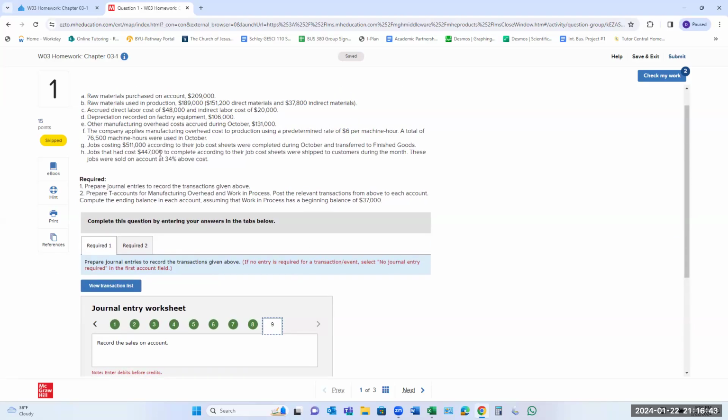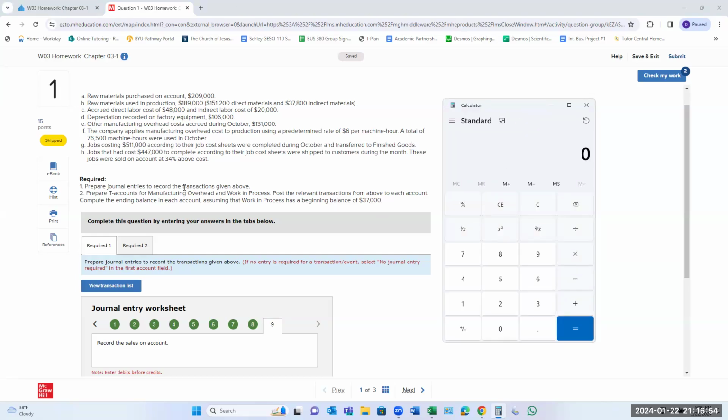So right here, calculator out. They told me this was the cost, and I'm going to sell it at this much plus 34%. So I'm going to take 447,000 times, so if I just times it by 34%, that just gives me the markup. So I want to know what's my total sales. And so it's going to be 1 plus the percent.